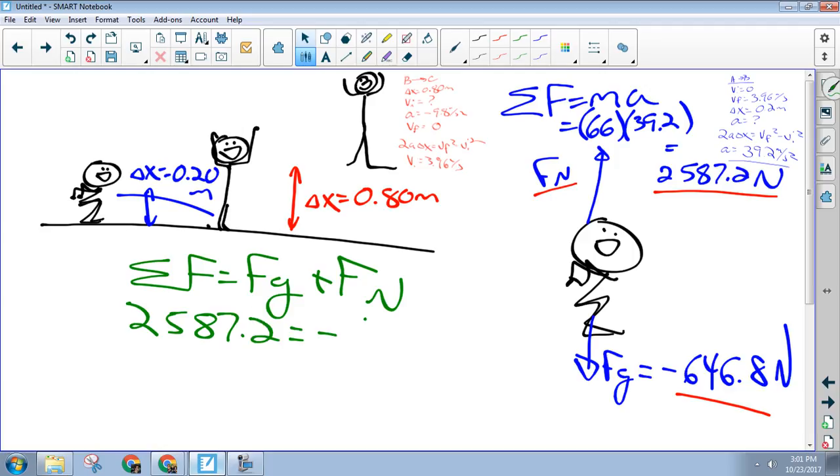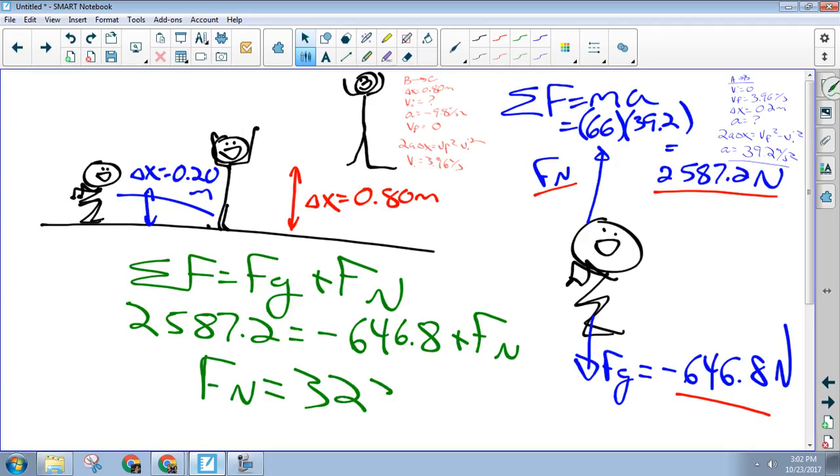That's got to equal the gravity, negative 646.8, plus something. And solve it. And the normal force ends up being 3234 newtons. Cool, you guys? All right.